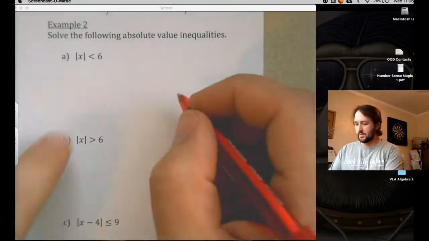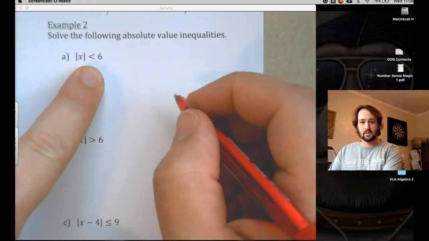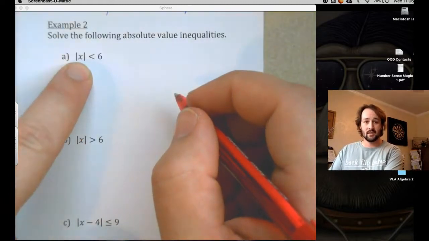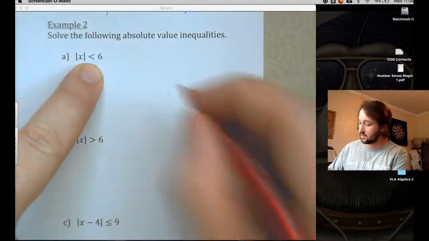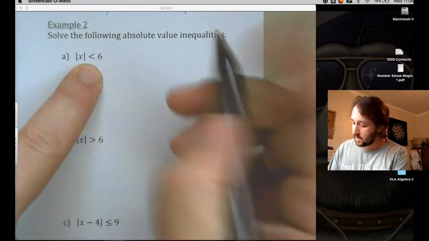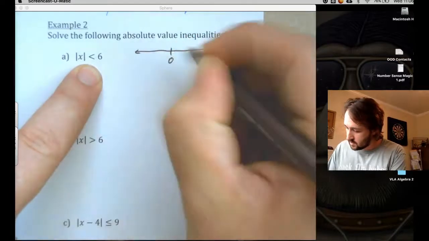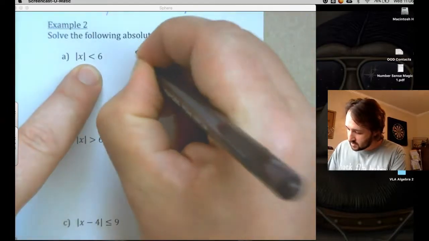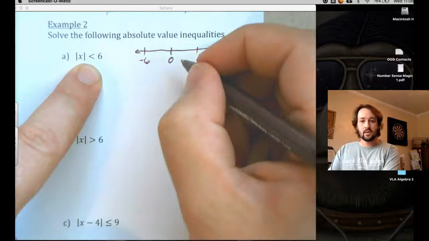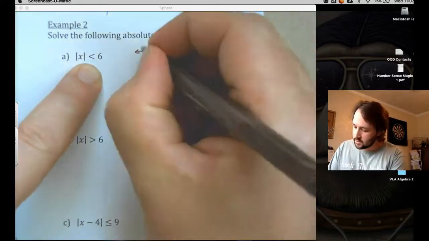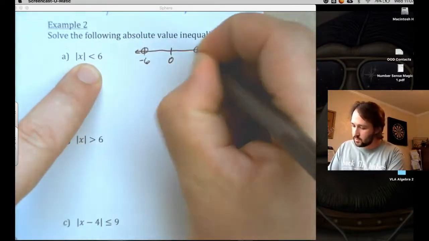If I have the absolute value of x is less than 6, remember that's saying the distance has to be less than 6. If I were to draw it on a number line, here's 0, here is 6, and here is negative 6. I cannot be equal to that distance of 6, so I would have an open circle.